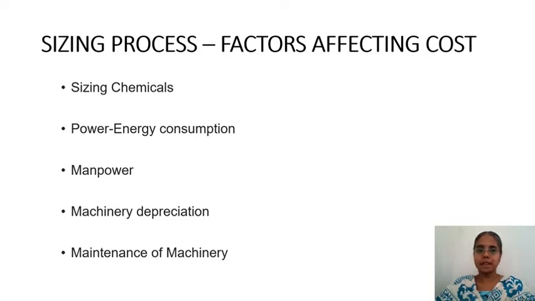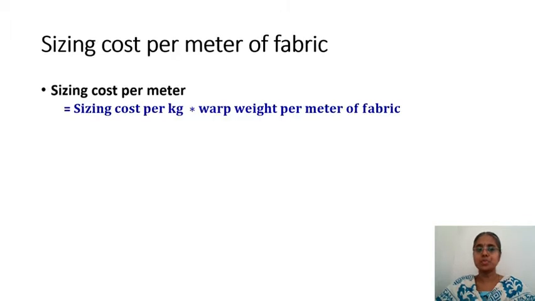The other common things are the manpower that is required. There is a high amount of depreciation in the machineries as they are in hot conditions, and there is frequent maintenance of the machinery. Nowadays, due to advancements, there are machines with less maintenance too.